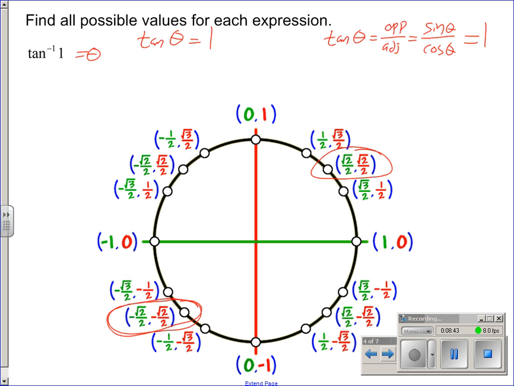So, that horizontal and vertical line that worked for the sine and cosine, you have something similar. What you're going to do is, you're going to draw a line. You got to find that first value. But once you find that first angle, draw a line from that first theta value through the origin.